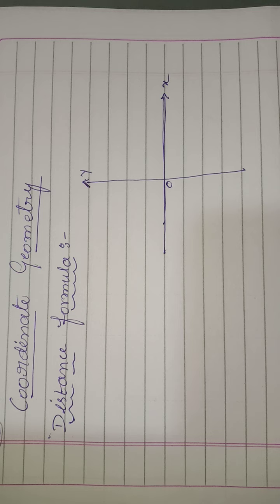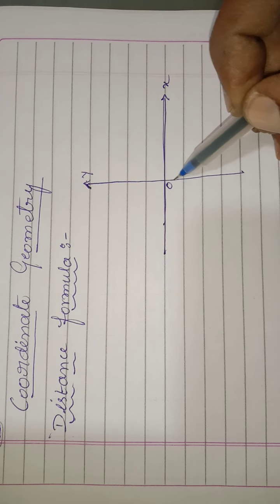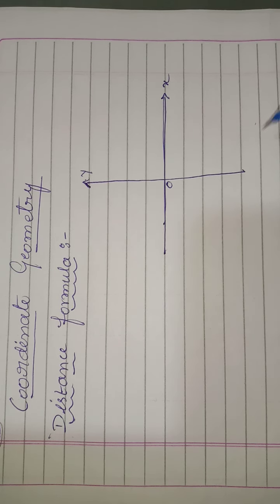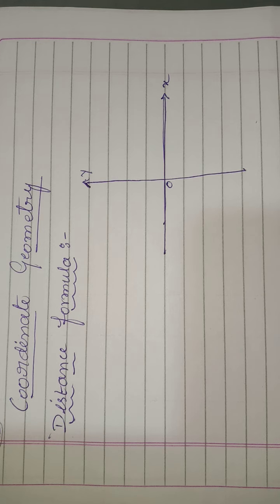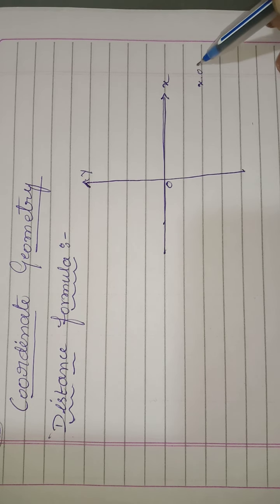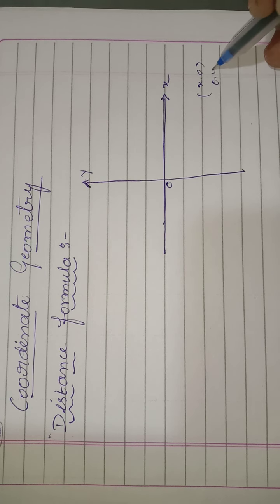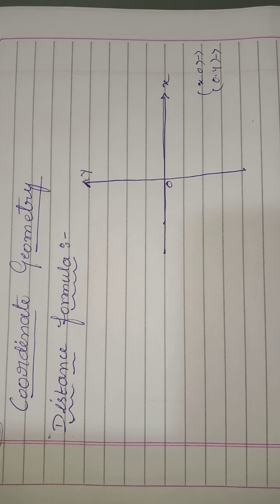The distance of a point from the x-axis is called the y-coordinate. So the coordinates of a point on the x-axis are of the form x comma 0, and a point on the y-axis is of the form 0 comma y. This is the x-coordinate and this is the y-coordinate.